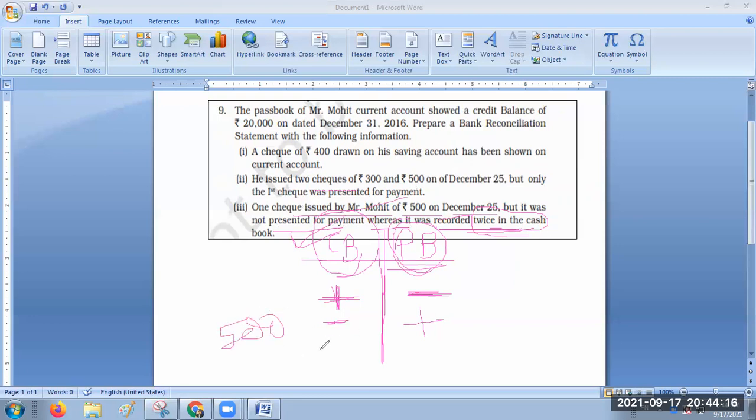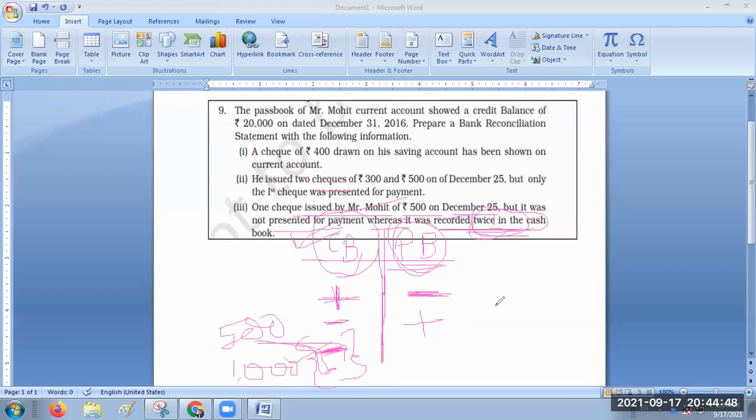When you issue a check you will record minus. But what happened? You have recorded twice in the cash book. 2 times we have deducted, not 1 time. 2 minuses for the single transaction. See, effect will be for how many rupees then? For 1000 rupees difference will come. Yes, sir. You have issued only 500 rupees for the check, but you entered twice. So 1000 rupees difference will come.